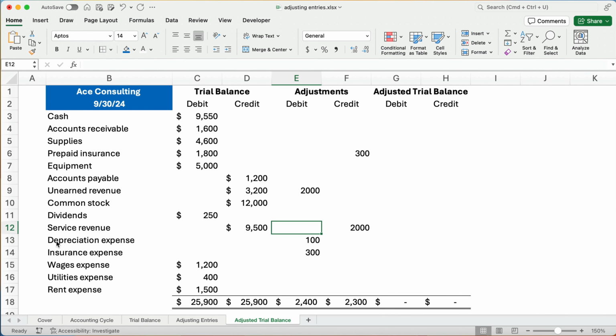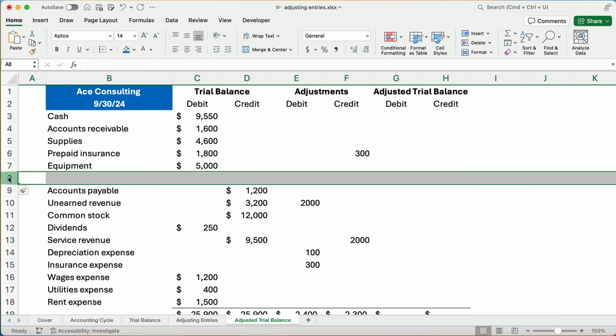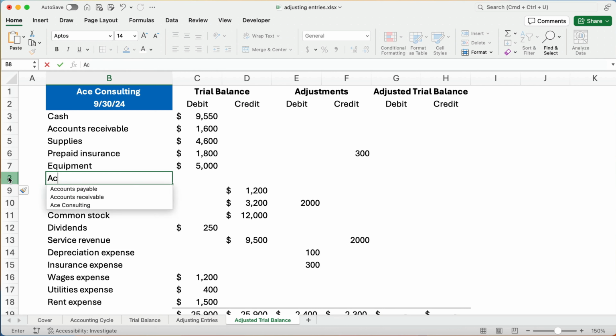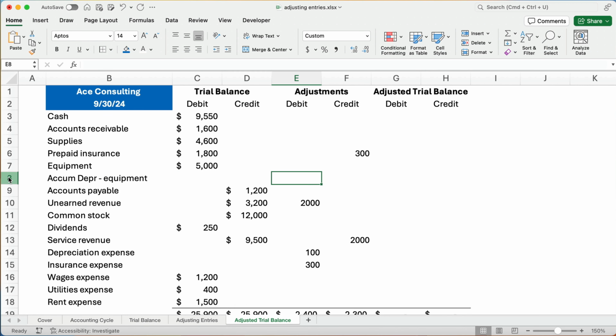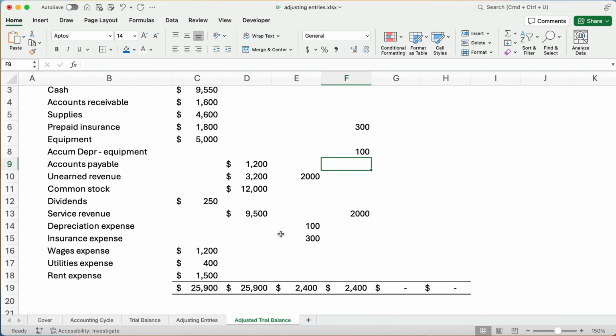And below the equipment account, we need to add accumulated depreciation dash equipment. And it's going to be for a $100 credit. We still have debits and credits equal here.